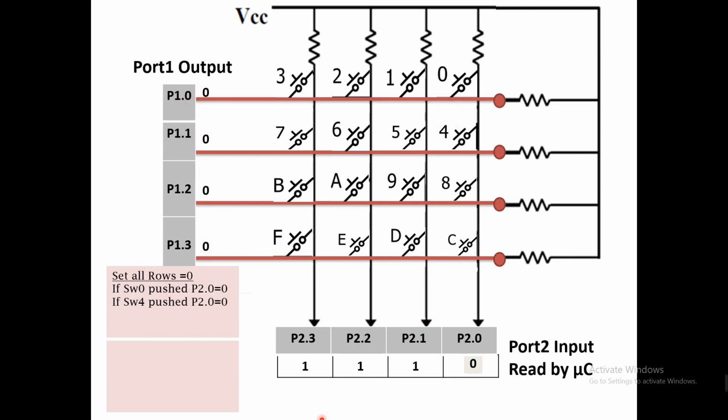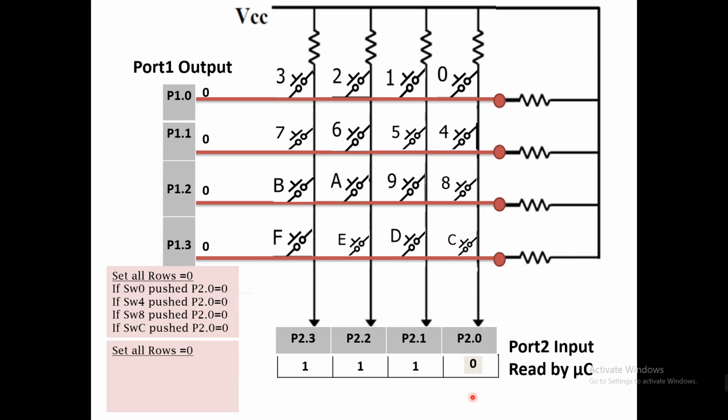If switch 0 is pressed, P2.0 will become 0. If switch 4 is pushed, then again P2.0 will reach 0. If switch 8 is pressed, then again P2.0 will reach 0. If switch C is pushed, then again this will be 0.